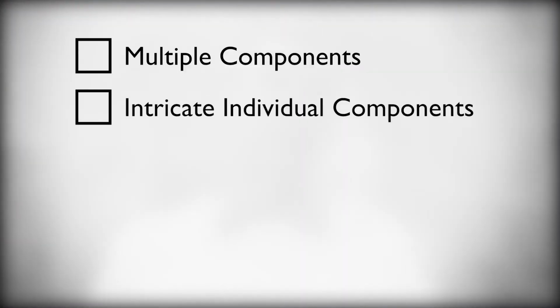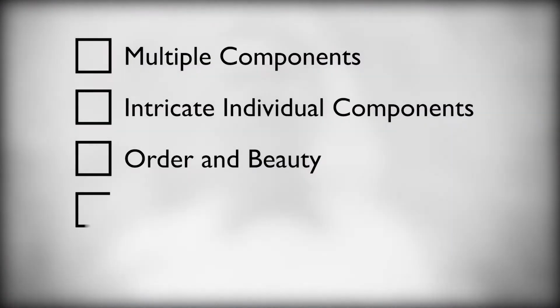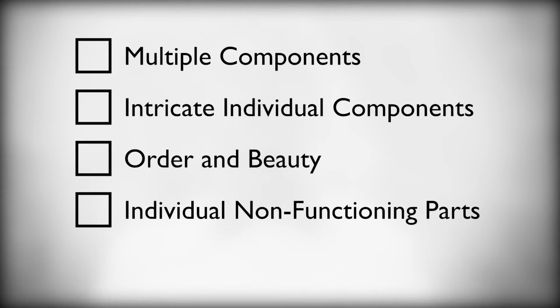Another characteristic of design is that as you look closer and closer at the individual components, they become even more intricate in their appearance and construction. Third, they're very often quite beautiful or artistic, whereas natural processes don't tend to create beauty, but rather randomness. The individual parts are non-functional.